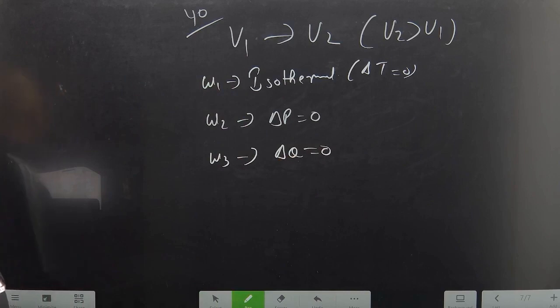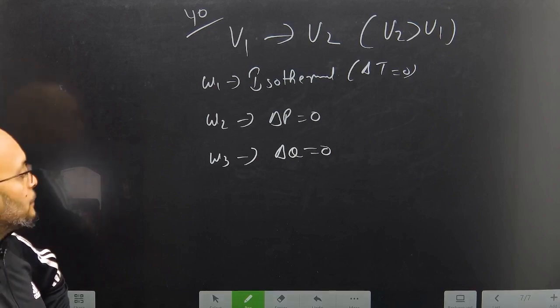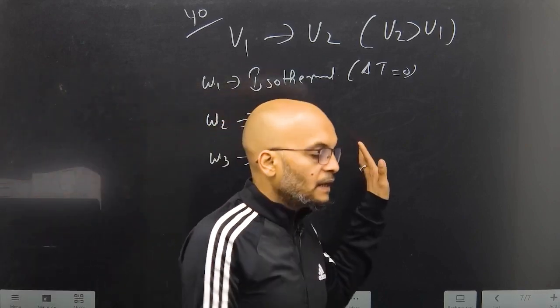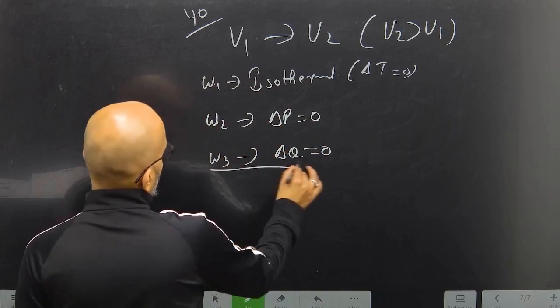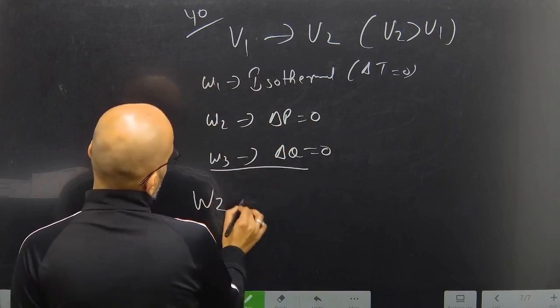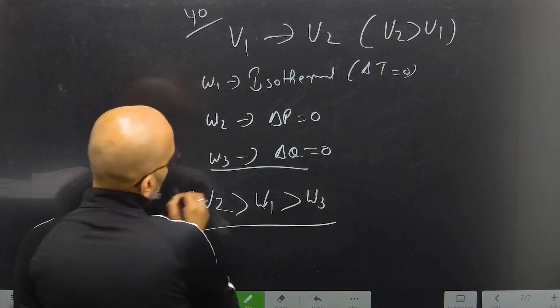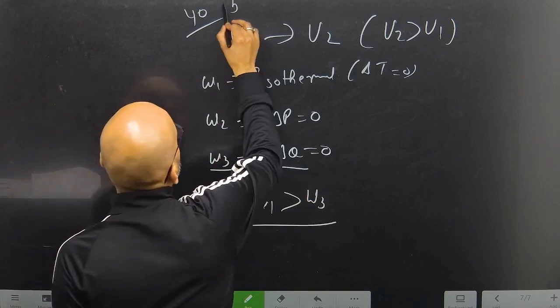Now what are they asking? They are asking the relation between W1, W2 and W3. See guys, work done for isobaric will be maximum, and for adiabatic it will be minimum. So W2 will be greater than W1 will be greater than W3. So it is option B. Next.